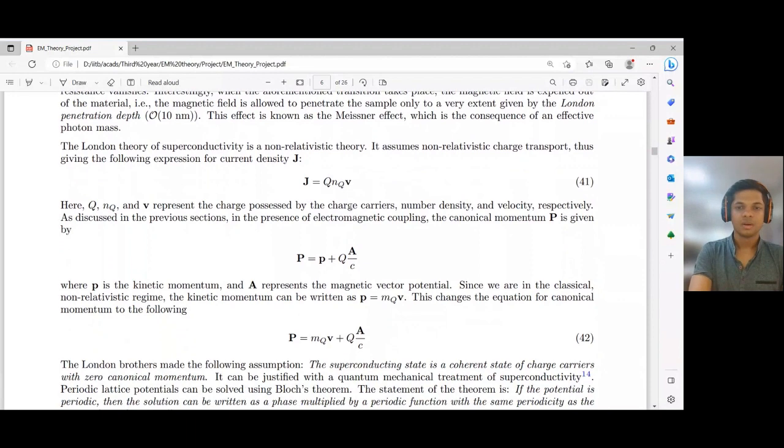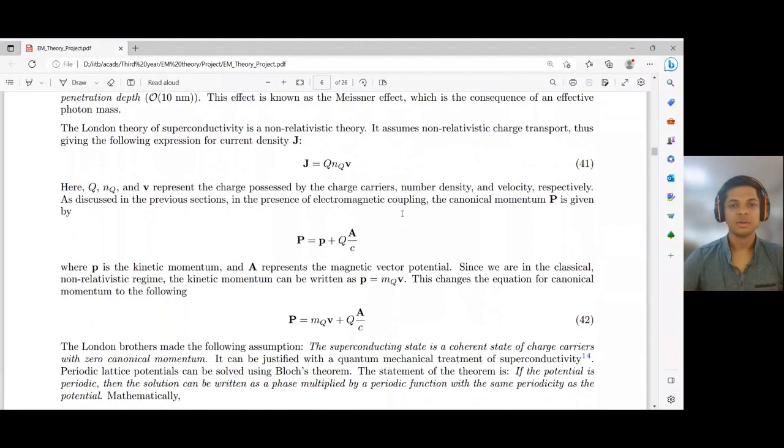Once again, we know that when there is electromagnetic coupling, the canonical momentum is related to the kinetic momentum. As such, capital P vector is small p vector plus qA/c. Here capital P vector is the canonical momentum, small p vector is the kinetic momentum, and A vector is of course the vector potential.